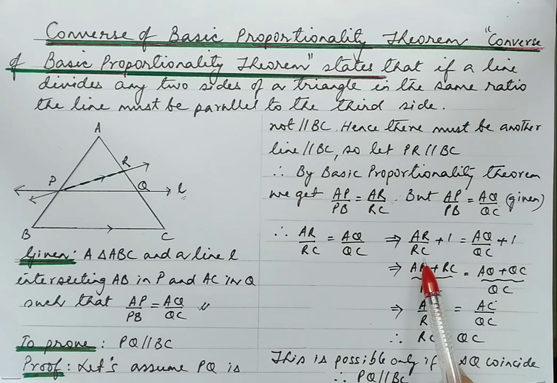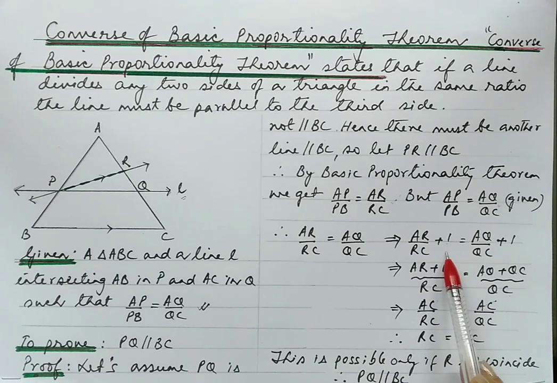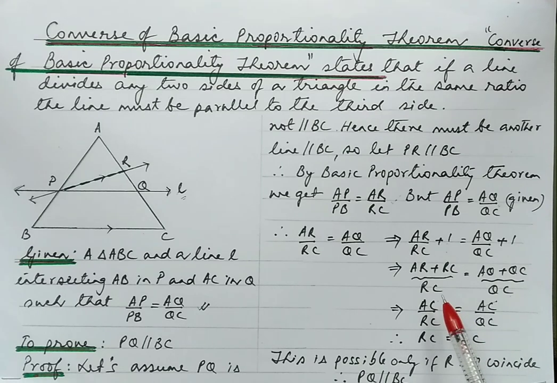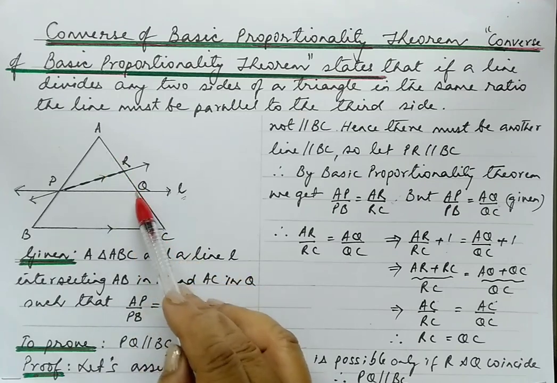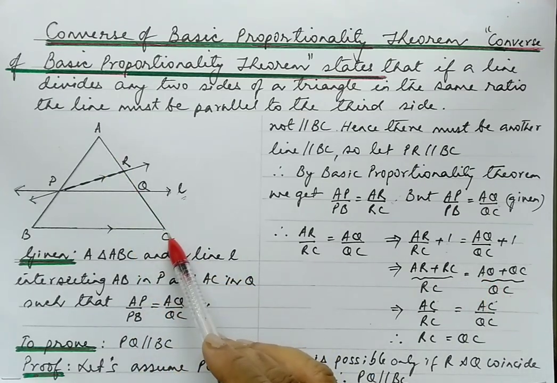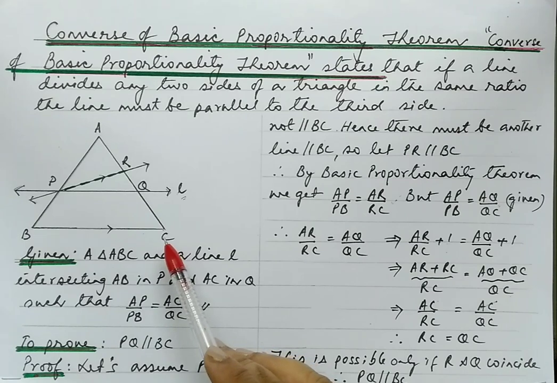Having found RC as the LCM here and QC as the LCM here, we get AR plus RC, because the 1 has a denominator of 1. So we have AR plus RC here and AQ plus QC here. AR plus RC means AC, and AQ plus QC also means AC.